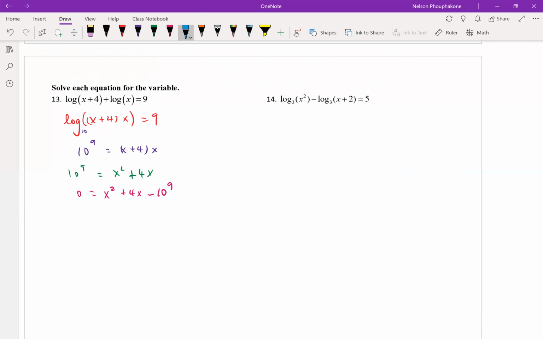In this case, we will use the quadratic formula. x is equal to negative b plus or minus the square root of b squared minus 4ac, over 2a.